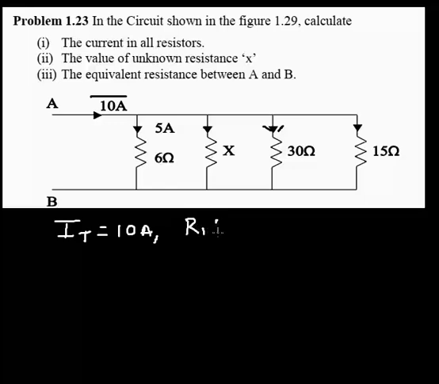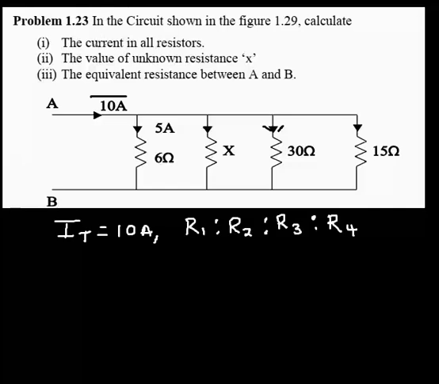the ratio of R1 is to R2. How many branches do you have there? Okay, 4 branches. Is to R3 is to R4. But that will not be easy. Why?